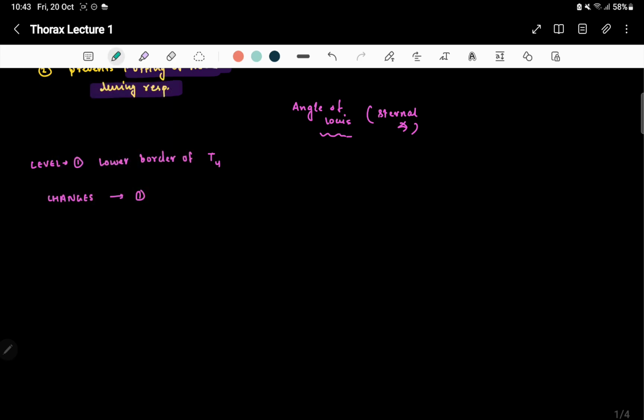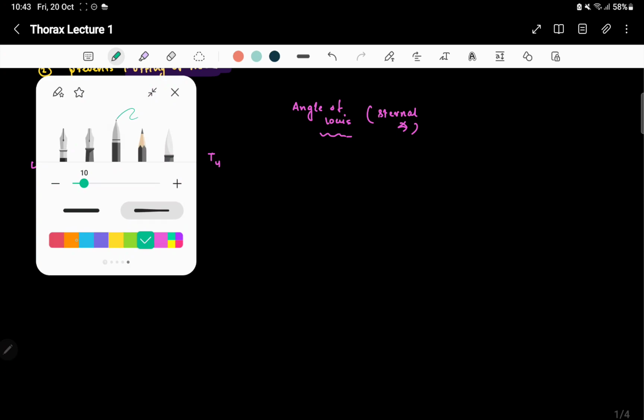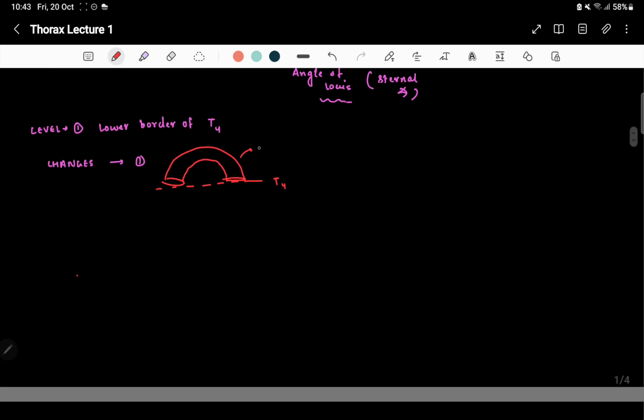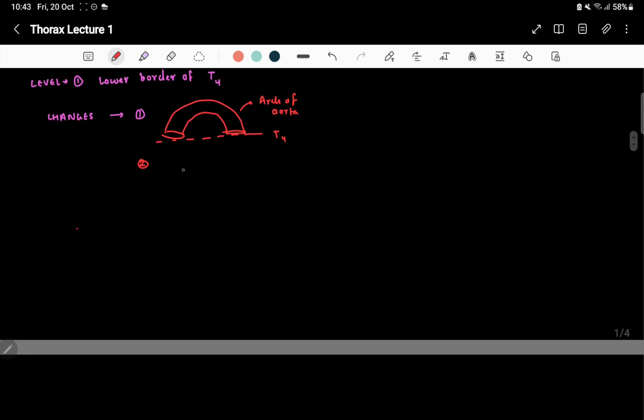In the sternal angle, the arch of aorta starts and ends. Okay, let's say this is your arch of aorta here. So it starts as well as ends in your sternal angle. What other changes occur? Here trachea divides.